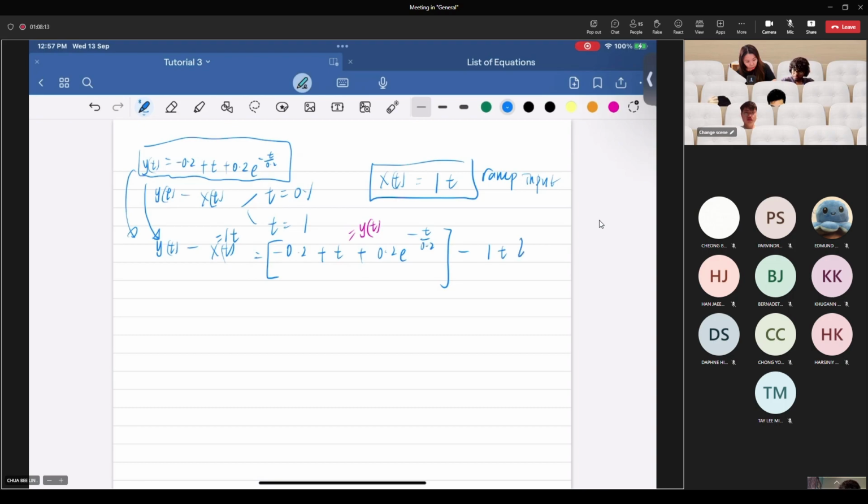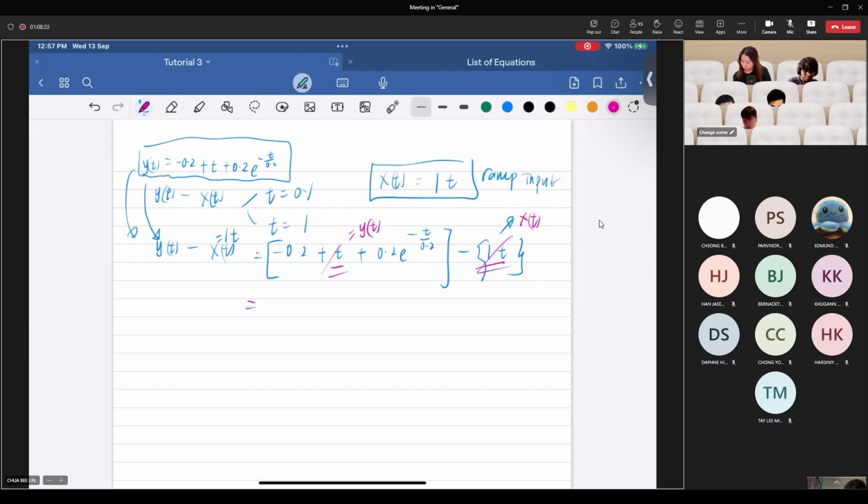So I will just put a bracket here. So xt minus yt minus xt.